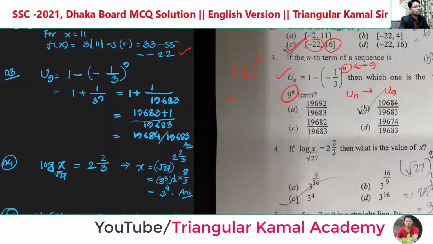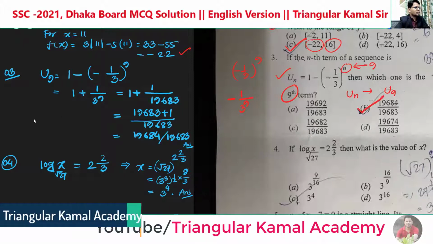But here the power is odd, so there will be 1 and the remaining minus, 3 to the power 9. So this is the minus, and another minus is also given here. So minus minus plus, and 1/3 to the power 9. After doing the calculation on the calculator, there will be 19,664 divided by 19,683, which is answer number B.